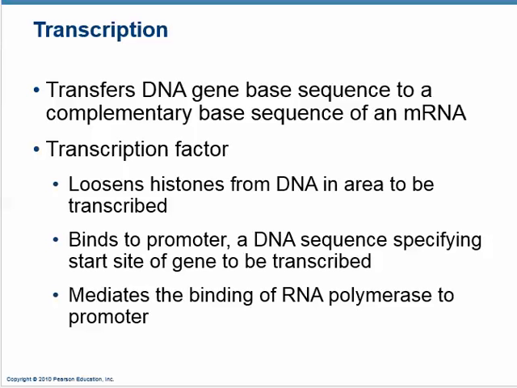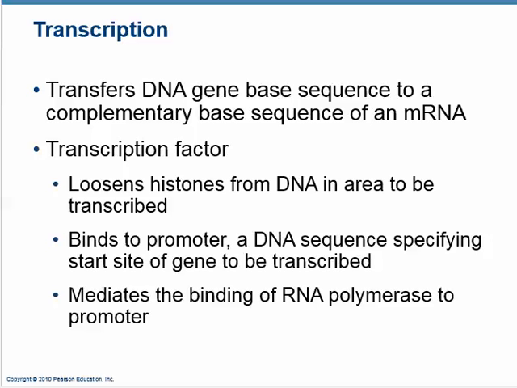So, transcription is the making of messenger RNA. So the sequence of nucleotide bases on the DNA corresponds to a base sequence that's complementary, so it's the opposite on messenger RNA.